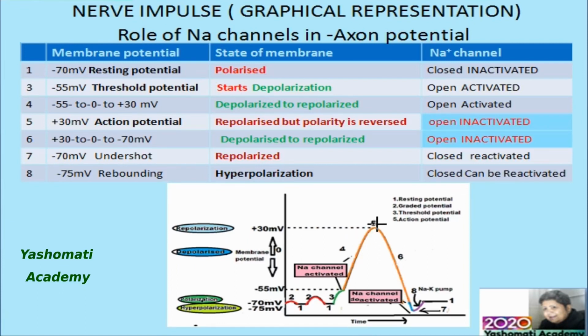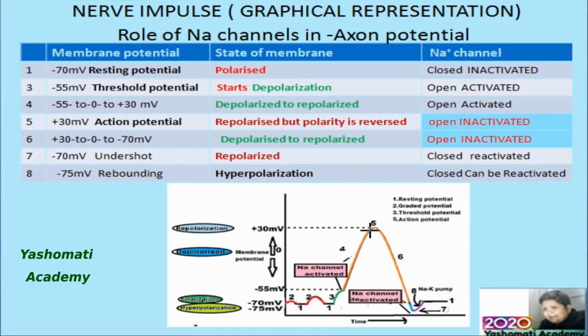At this stage, another channel, the potassium channel, becomes activated. The potassium channel gets activated at action potential, and because of that, potassium ions are transferred from inside of the membrane towards the outside. That means positively charged ions are moving out.